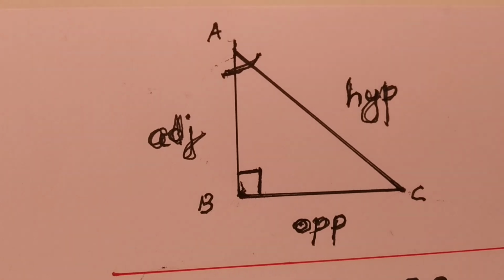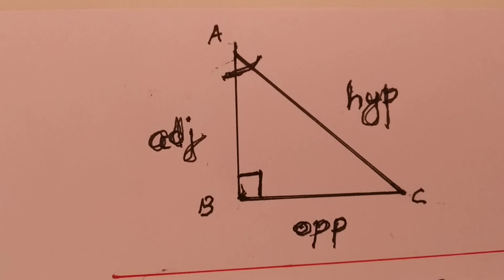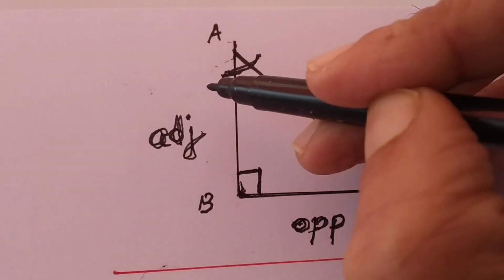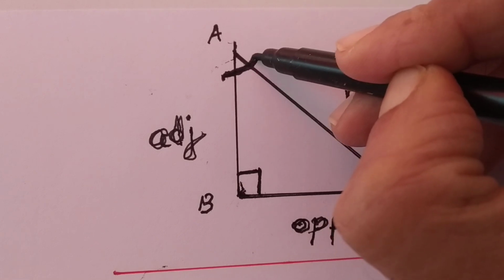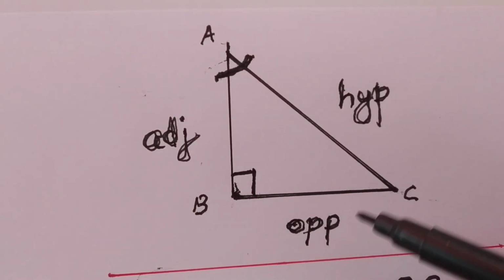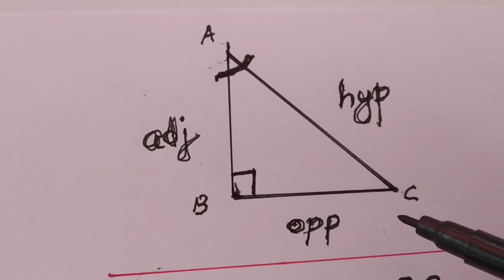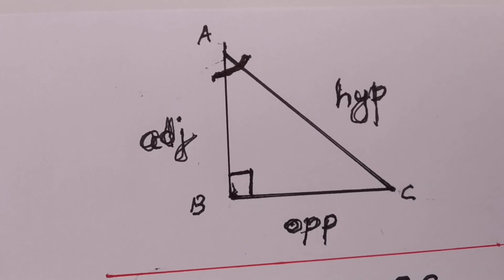Now you need to be a little careful when naming the vertices and the sides, because the question says sin A. So A could be here, where I have taken it, or you could have A at the other acute angle instead of C. It's up to you.